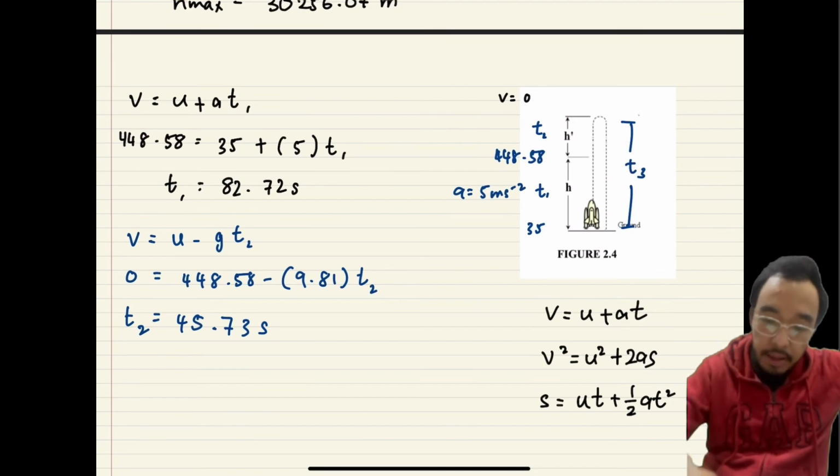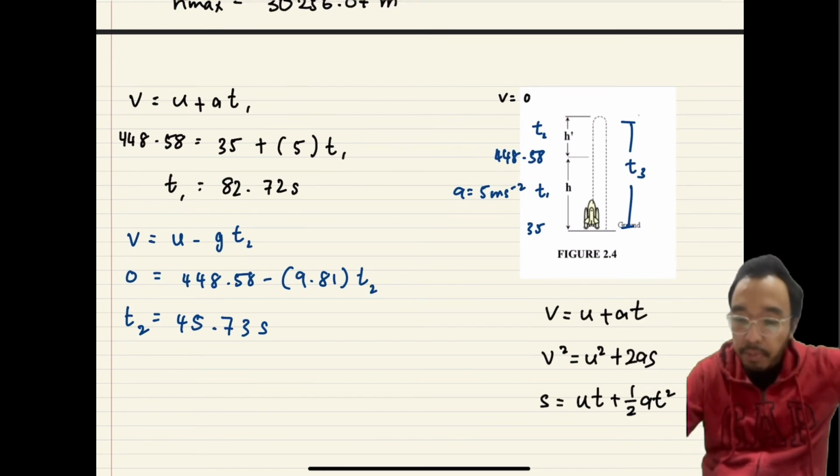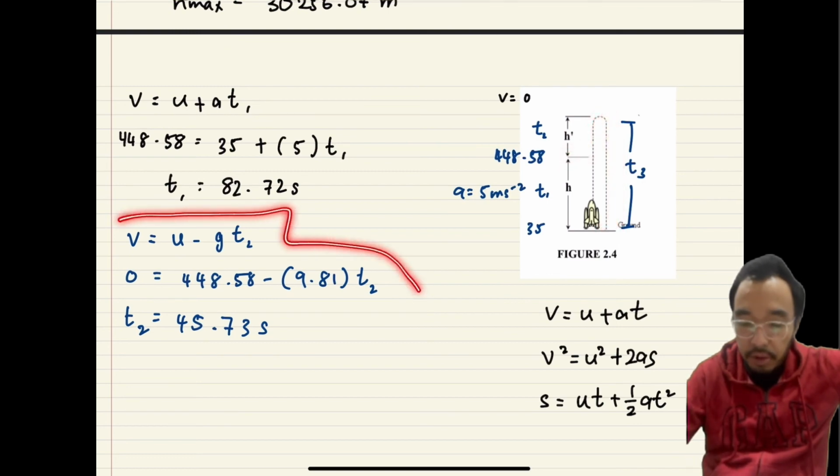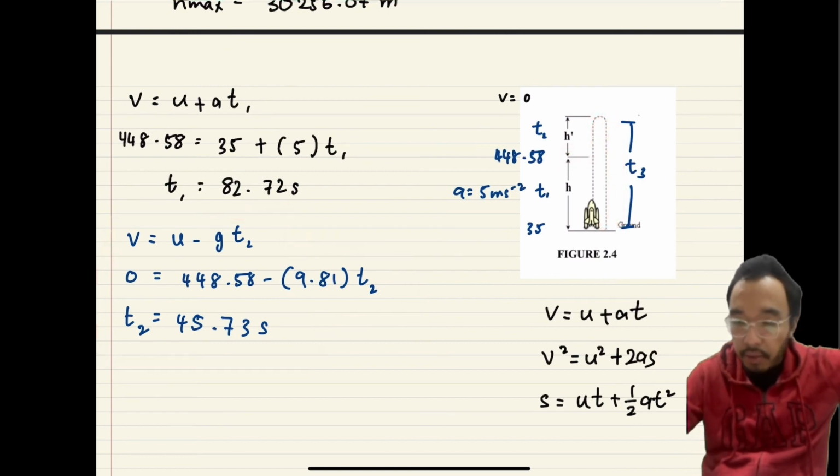The thing is, you can actually take this one as your starting position and straight away calculate this one as your final position. I think I'm going to do that because it's much simpler. If you want to continue with this method, you basically have to calculate one more step, so I'll continue with this one.